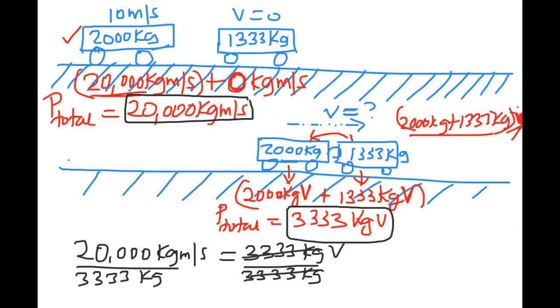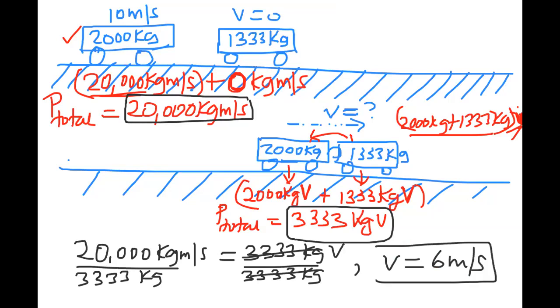Okay, so we are dividing 20,000 by 3,333. Oh, I got 6. So V is 6 meters per second. So that will be the velocity of the coupled cars, 6 meters per second.